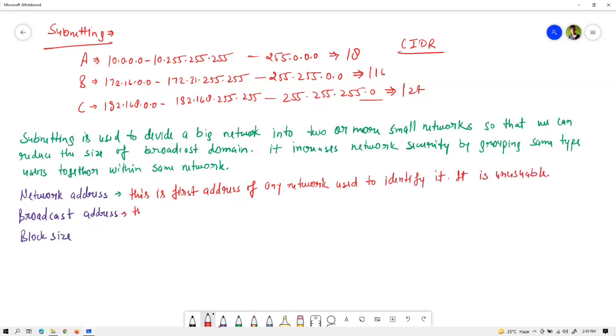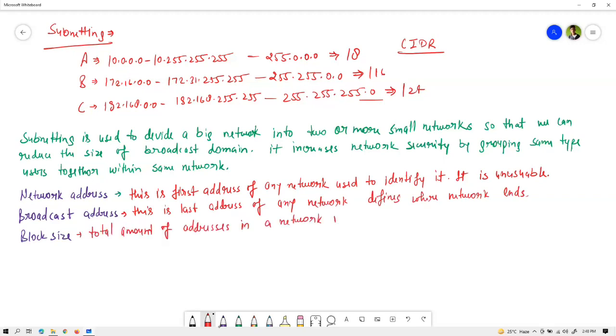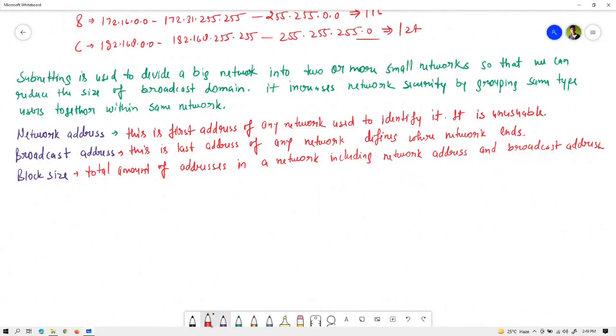Broadcast address, this is the last address of any network, defines where the network ends. Block size, total amount of addresses in a network, including the network address and the broadcast address.